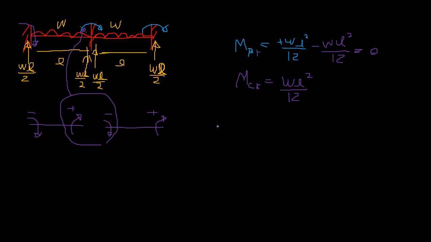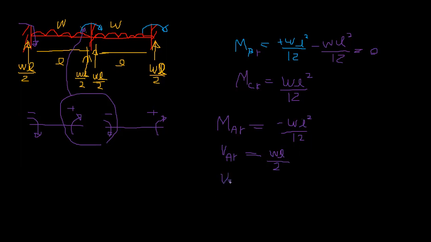So that means MAR is equal to minus WL squared over 12. And VAR equals WL by 2, and it's positive according to our sign convention.